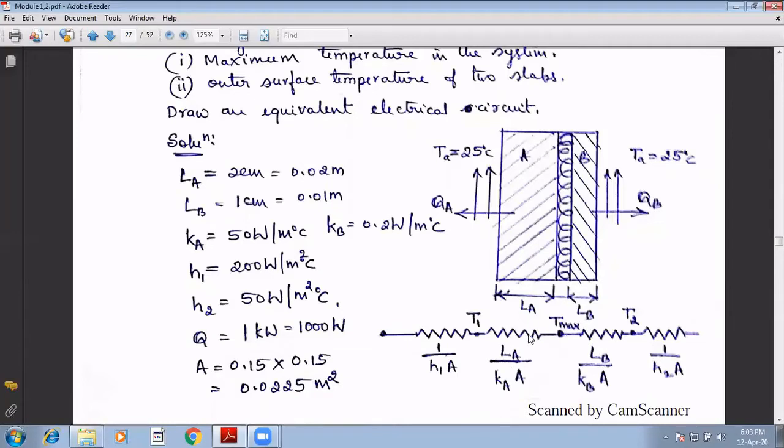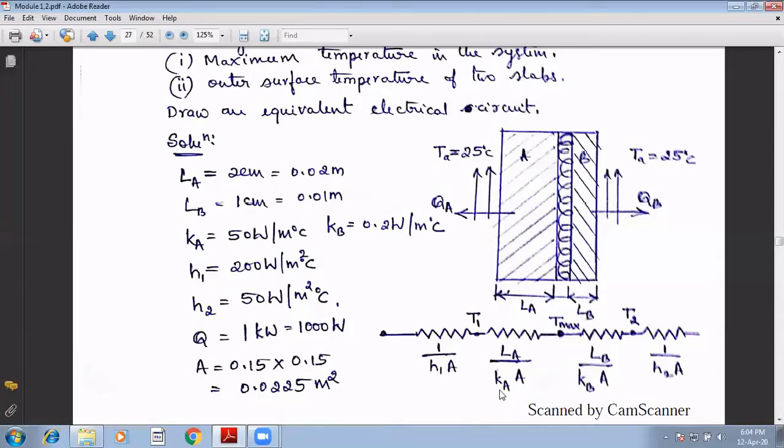You have one conductive resistance and one convective resistance, on either side. What is asked is T max. This is the source, so heat will be flowing from this point to this point. While flowing, the material offers some resistance and the air offers some resistance.